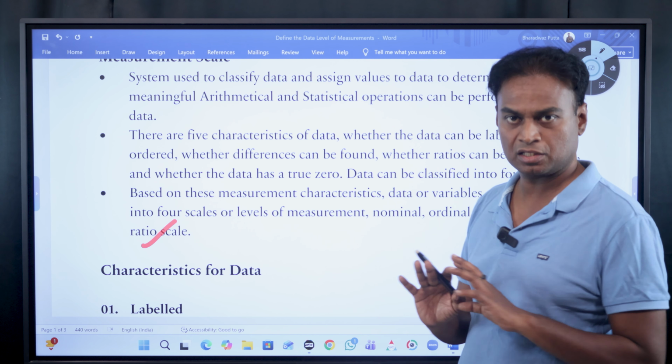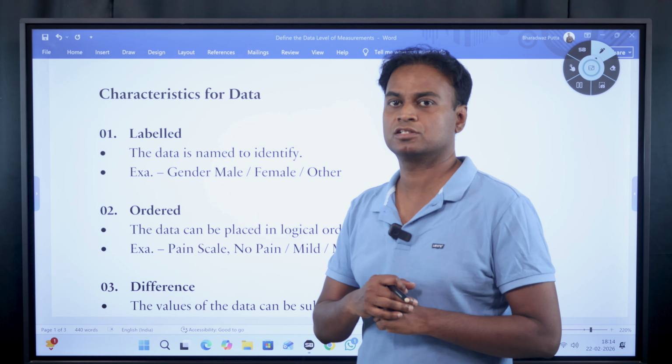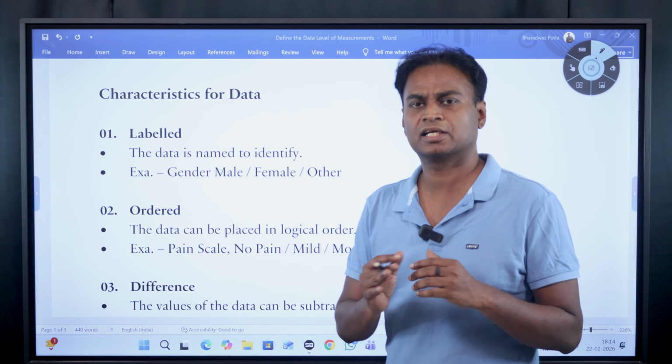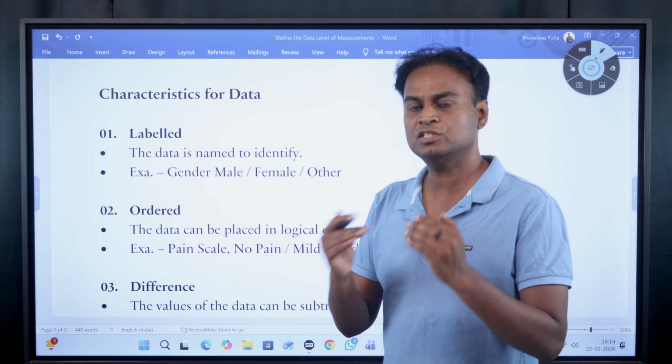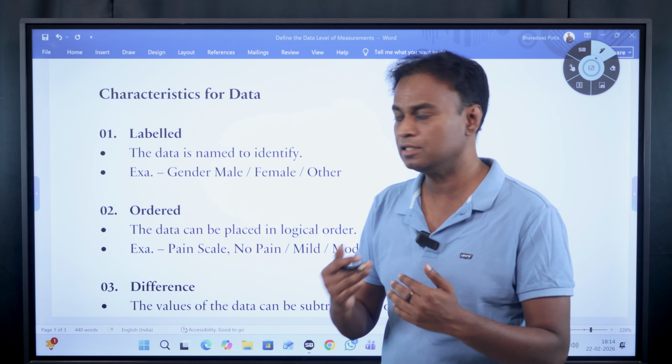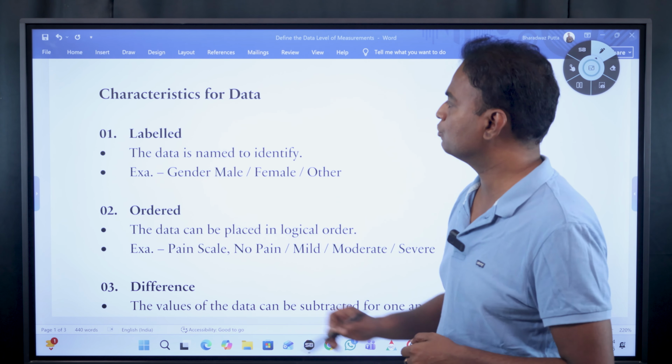We will now try to understand various characteristics of data. Until you know the characteristics of data, you cannot classify the data into which level or scale it belongs. First one is labeling. Can you label a data or not? Can you give a name to a data? For example, you give a name to identify, right?